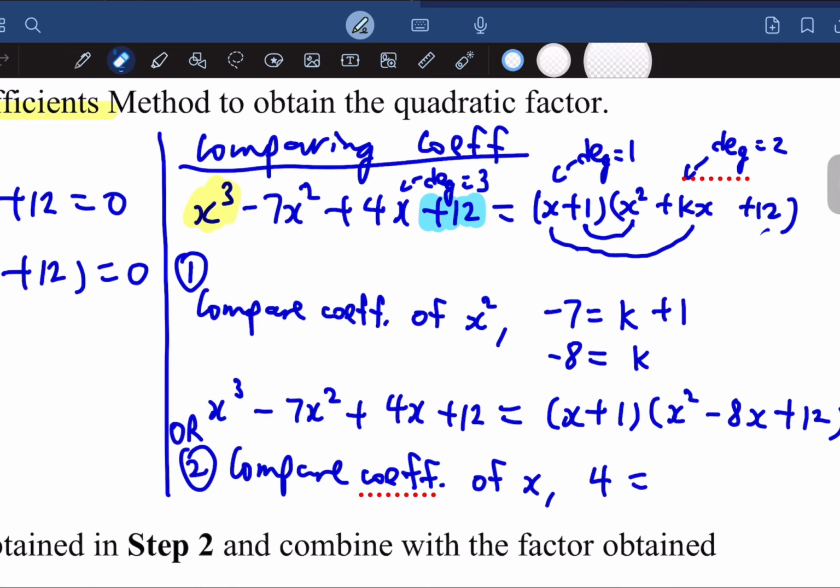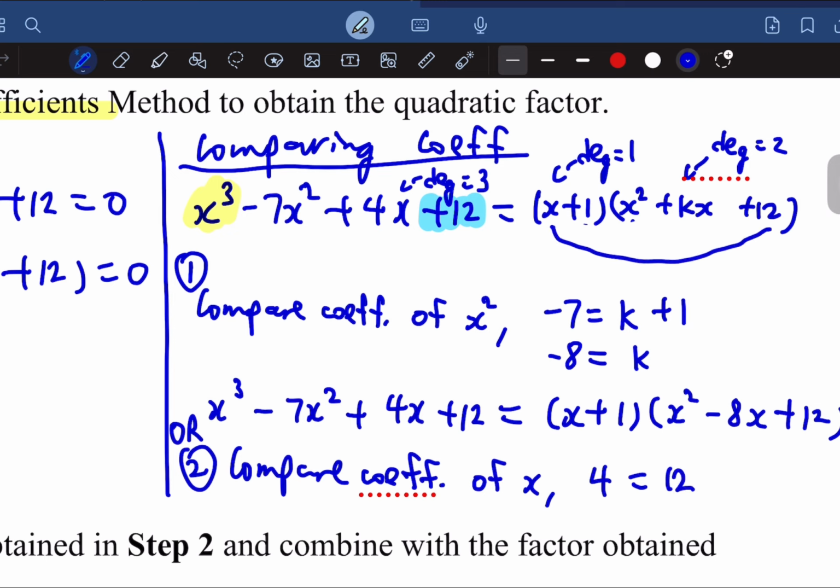Then on my right hand side, look out for terms to multiply in both brackets to give me the x term. So I have x times 12, so it's 12x, so 12. I have 1 times kx, so I have kx, so plus k. You can see my k is still -8. So it doesn't matter whether you compare coefficient of x squared or x.